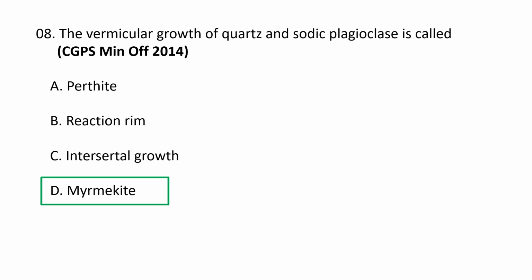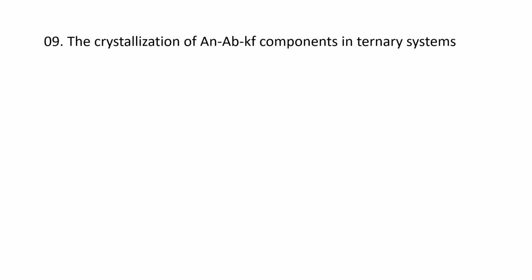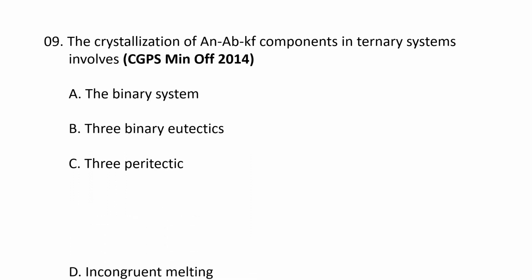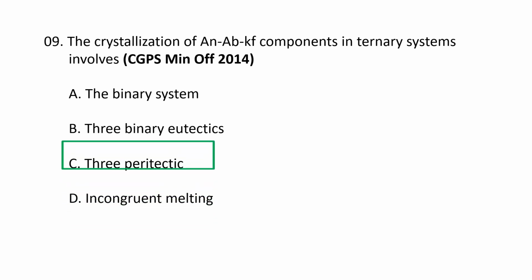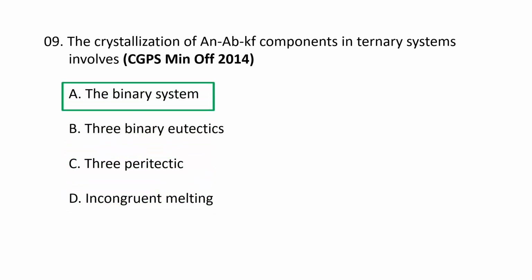Next question. The crystallization of anorthite, albite and potash feldspar components in ternary systems involves A. the binary system, B. 3 binary eutectics, C. 3 peritectic, and D. incongruent melting. So the correct option is the binary system.